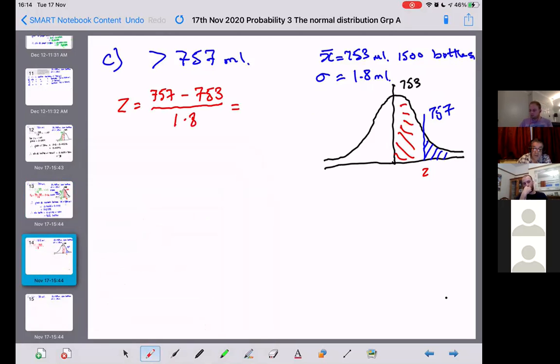You got 2.22, anyone? Yep. Value in table equals 0.4868.